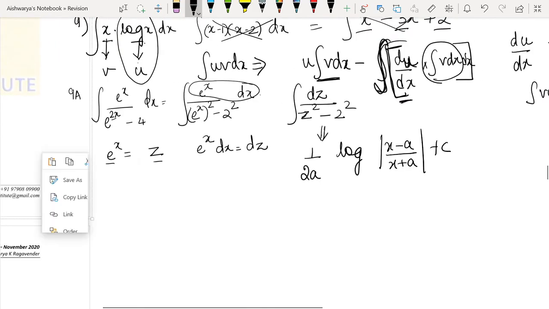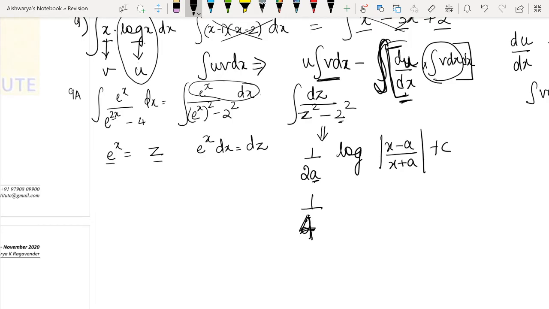This is our formula. A in this case is 2, so 2a is 4. So 1 by 4 log of z minus 2 divided by z plus 2, plus k or c, whatever.